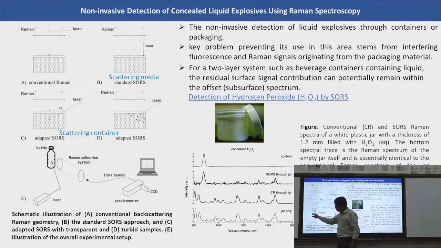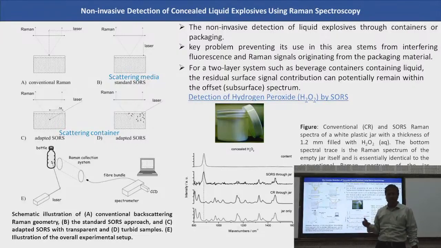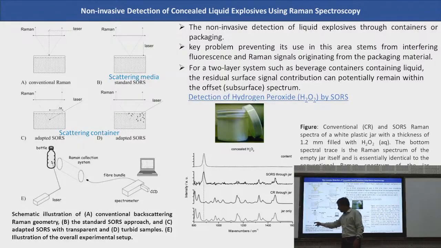So here, in a bottle, if you have some substance and somebody wants to know whether it is explosive, particularly in this study whether it is H2O2, then this laser is exciting it, and there is a collection point, and then a fiber optic cable going to the instrument.